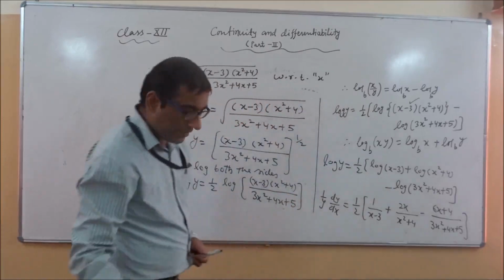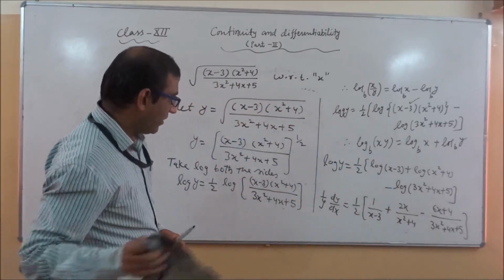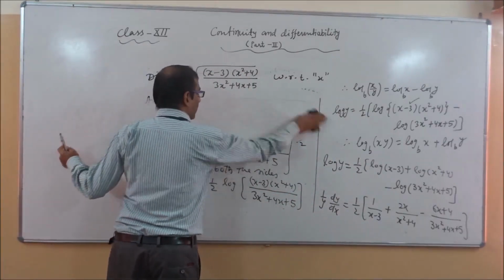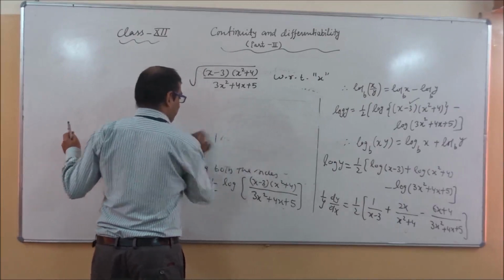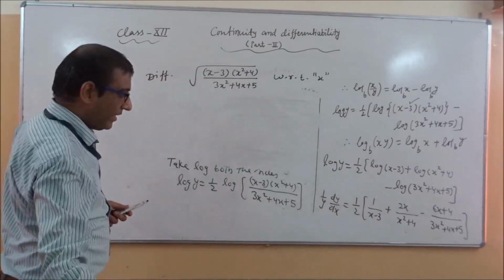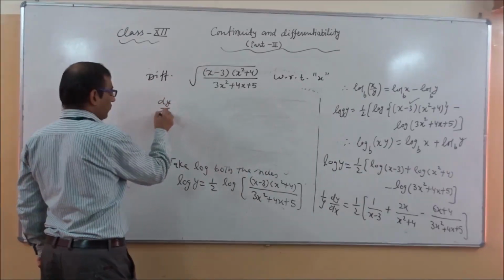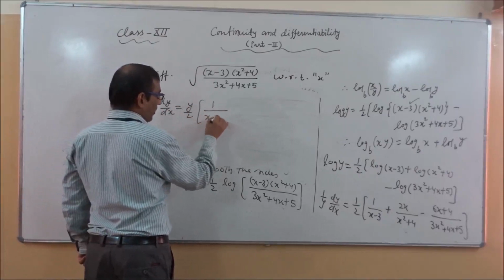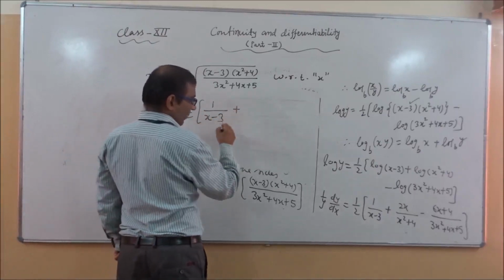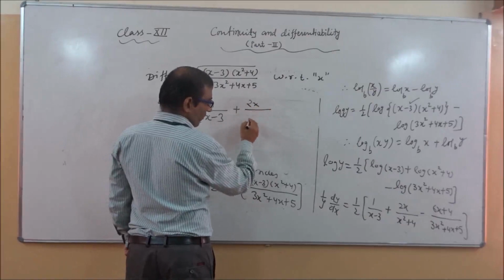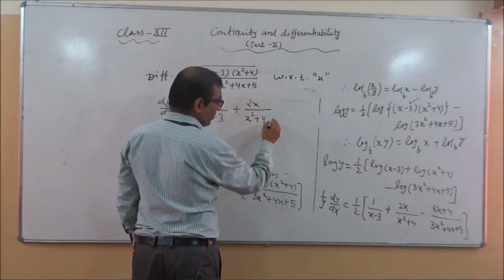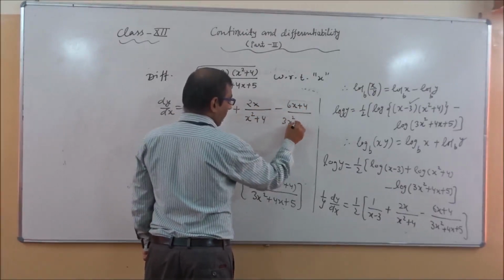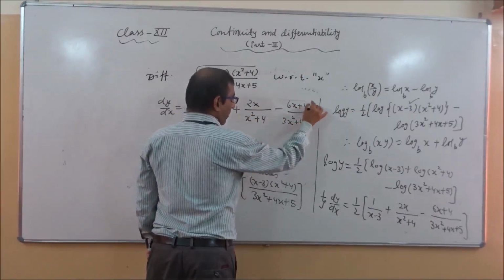Now we will transfer y from the left hand side to the right hand side by the cross multiplication method, so that dy by dx equals y upon 2 times the bracket 1 upon x minus 3 plus 2x upon x square plus 4 minus 6x plus 4 upon 3x square plus 4x plus 5.